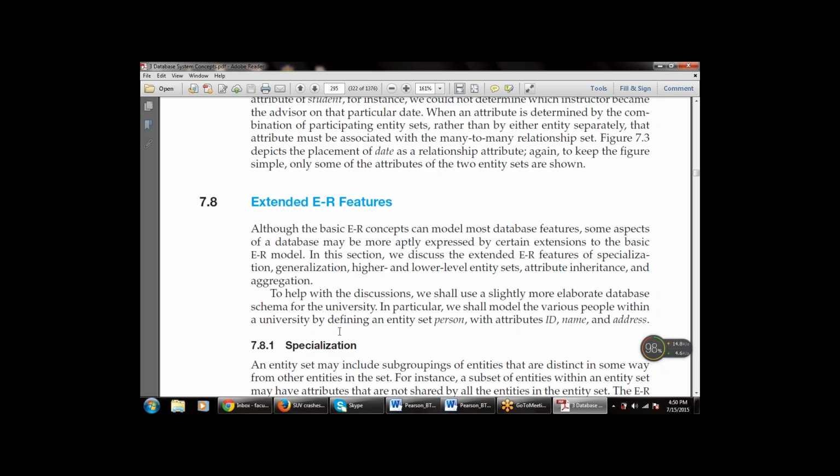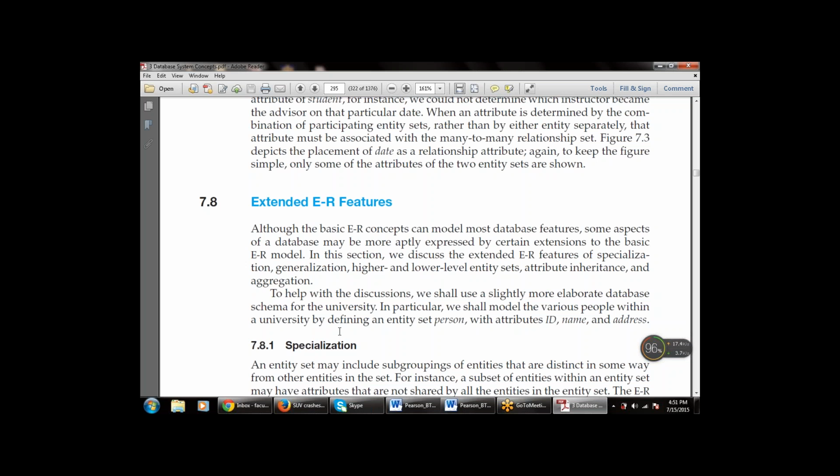In particular, we shall model the various people within a university by defining an entity set person with the attributes ID, name, and address. So what is the name of the person, what is the ID of the person, and what is the address of the person.